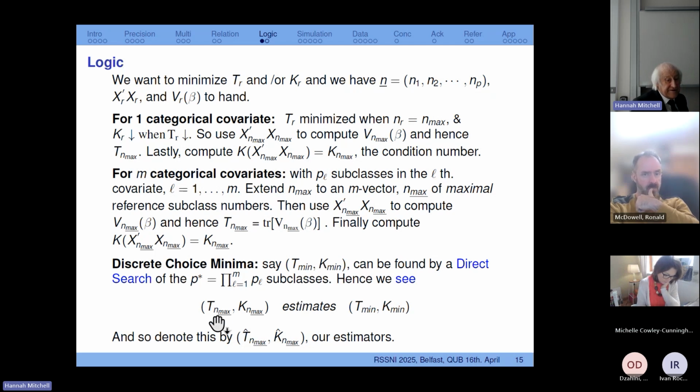And so we think this pair estimates the minima, and we denote this idea and this framework by putting hats on these, and call them our estimators. They're estimators, and they're obtained just by inspection.